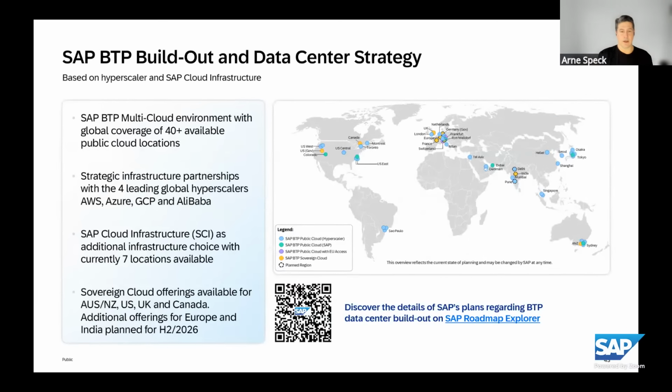So here is an overview about the different locations and a little bit about the plans. Here's also a QR code that you can use to have a look at what we're planning when it comes to new locations in the future.